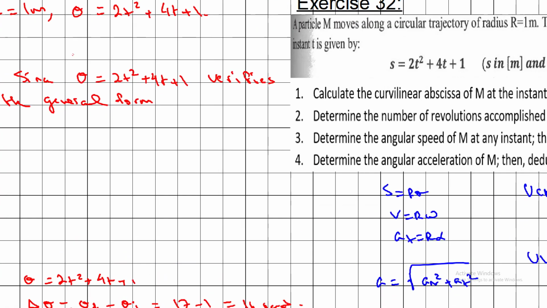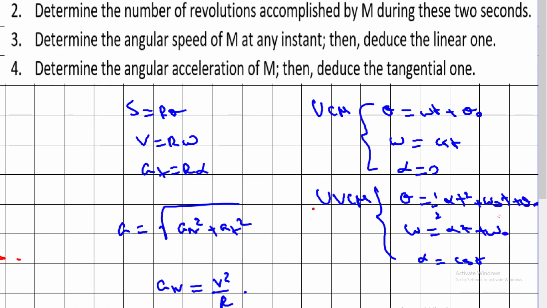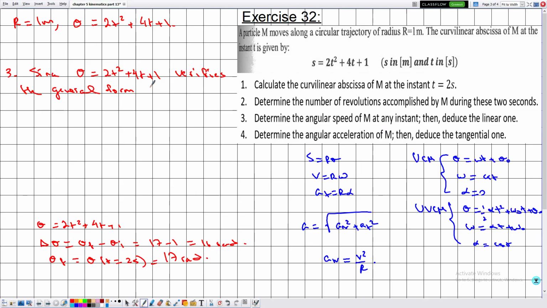Whenever the angular position is quadratic in time, this means that the type of motion is UVCM. It verifies the general form theta is equal to half alpha t square plus omega 0 t plus theta 0. Then the type of motion is UVCM, and in this case we can use the following equations.